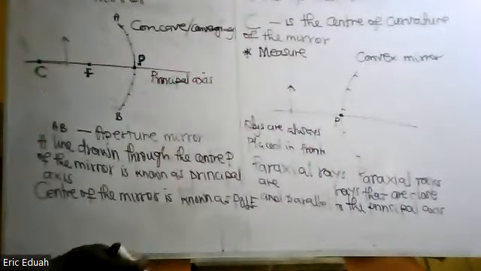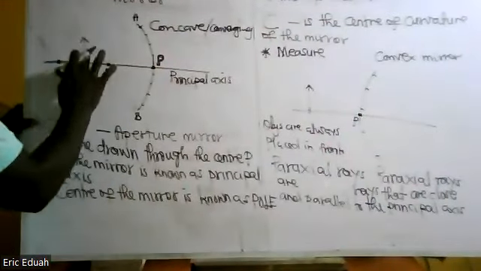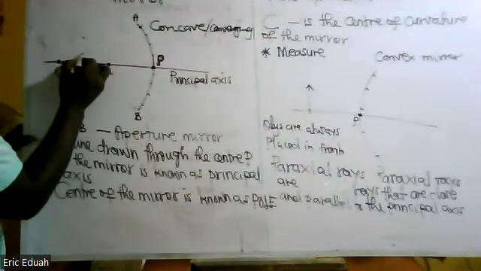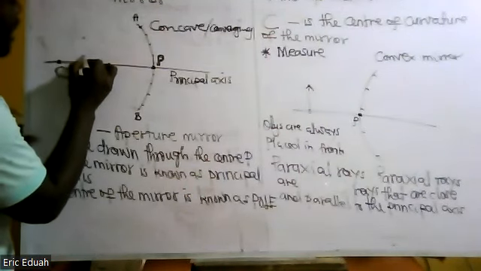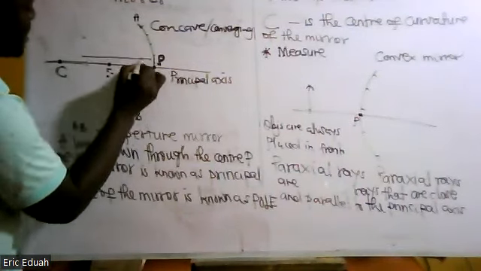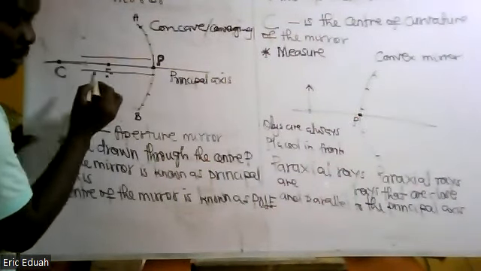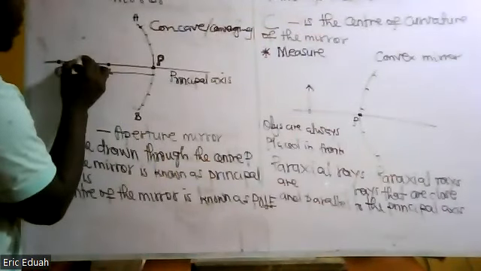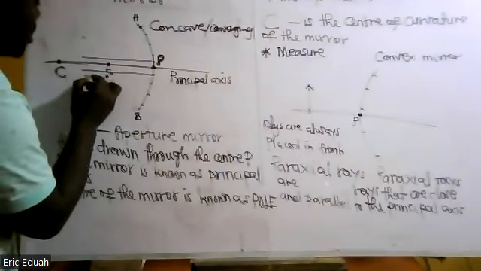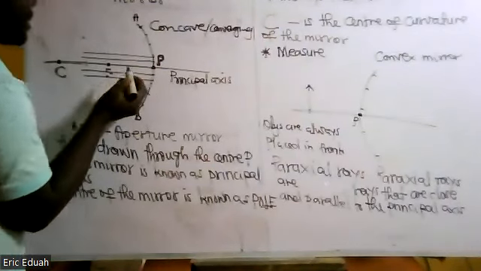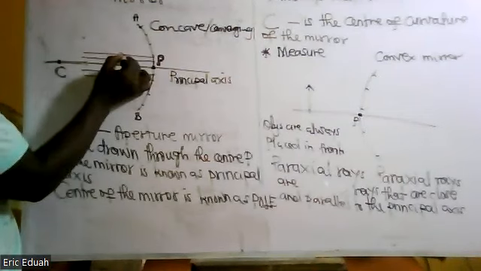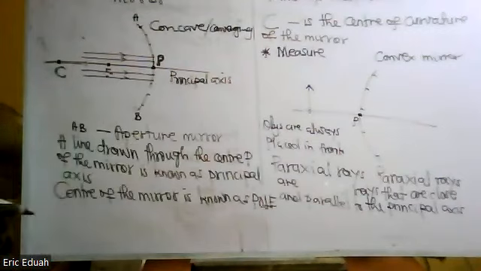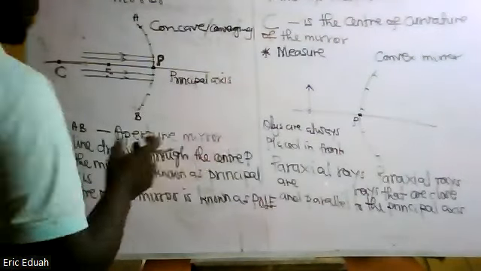So all that we are saying is that if you draw rays incident on the mirror that are very close and parallel to the principal axis, these are what we call paraxial rays.